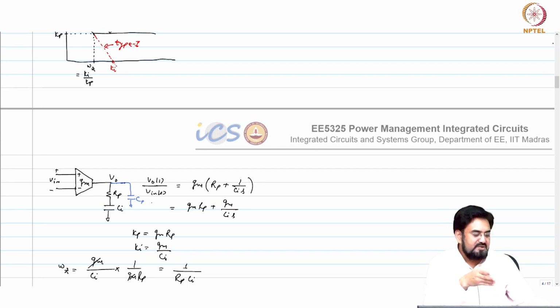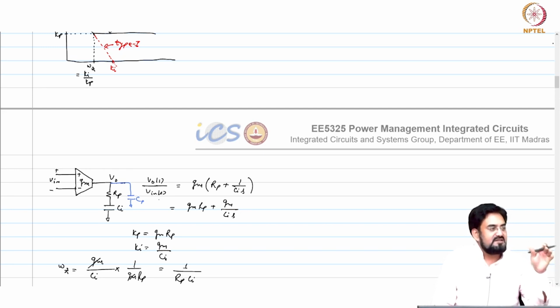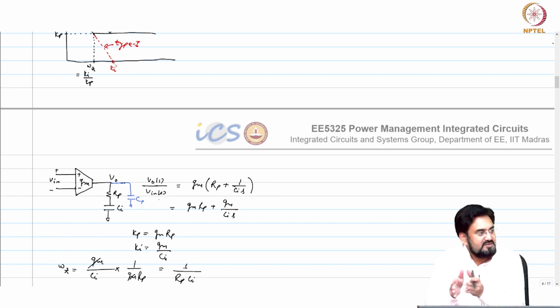By the time you hit this frequency, your capacitor CI will be shorted. So, if this capacitor is a short circuit, then RP in parallel with CP, that is what you will have at high frequency. So, you have a pole at 1 over RP CP. So, once you have decided the RP, you choose this CP in such a way that it is outside your UGB, but what will happen in that case?